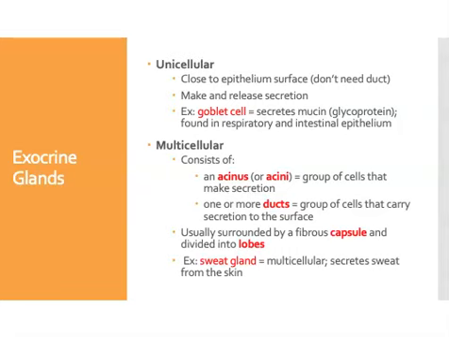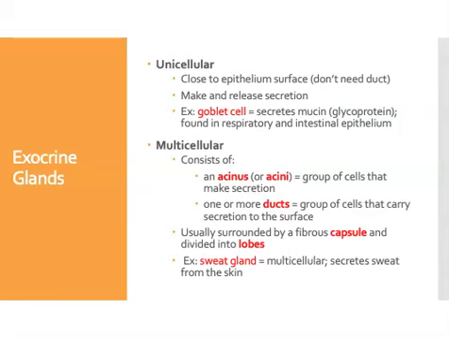The acinus of a multicellular exocrine gland is the group of cells that are making the secretion that that gland produces. The ducts are the group of cells that are creating the tunnel that's going to carry that secretion out to the surface.